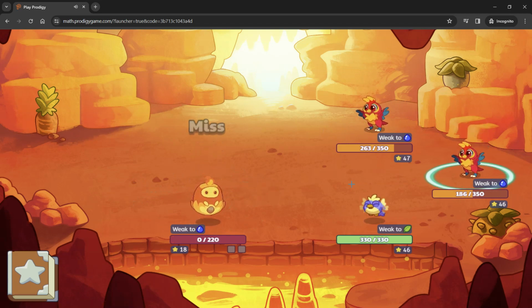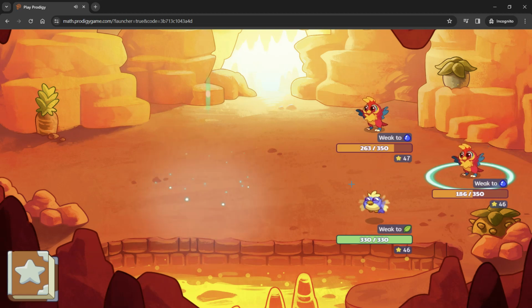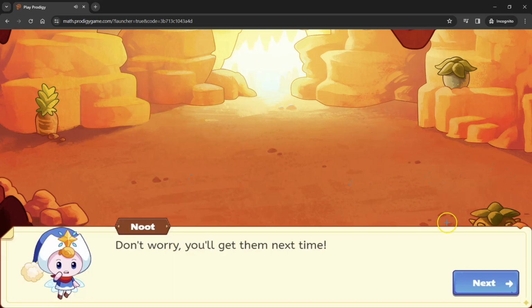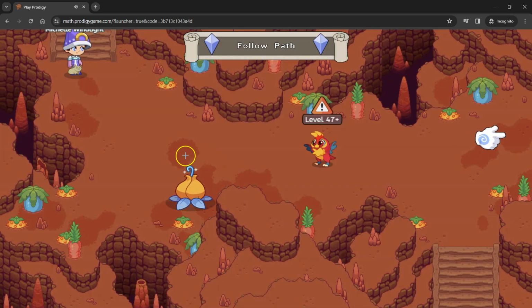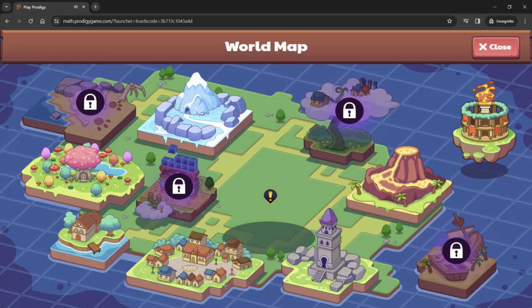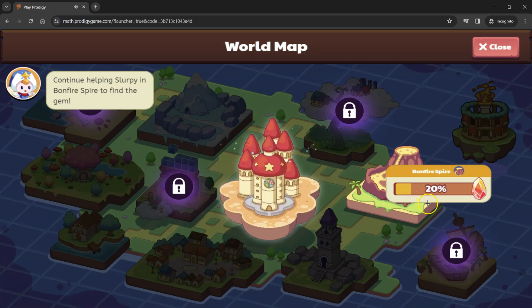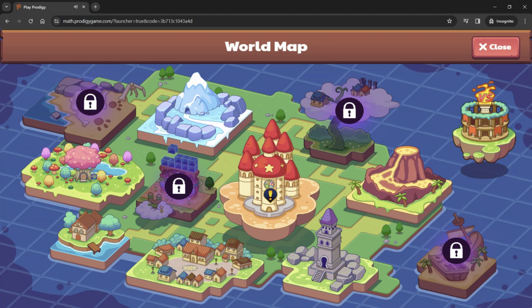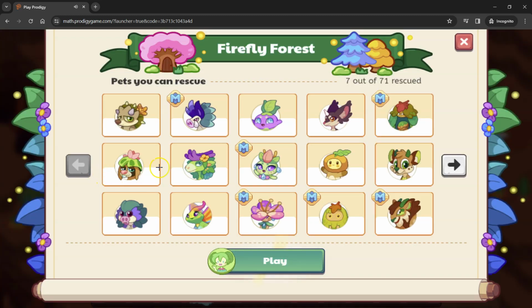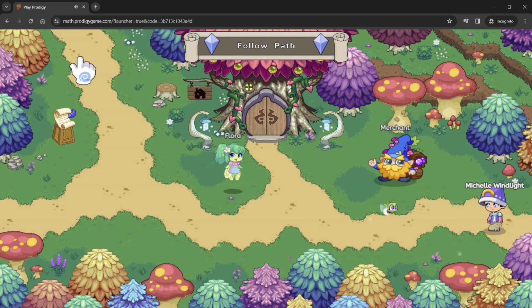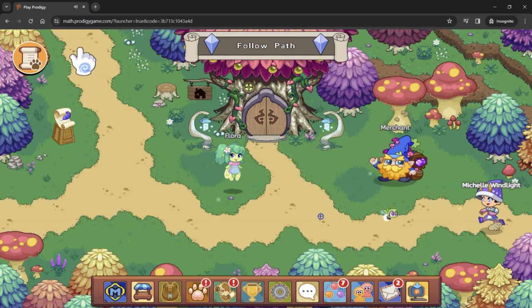But let's start off at Firefly Forest, where we can possibly get ourselves a little bit better off. Okay, they keep saying go there, but nope, we're not ready for that. Let's go back over here. I don't even know.